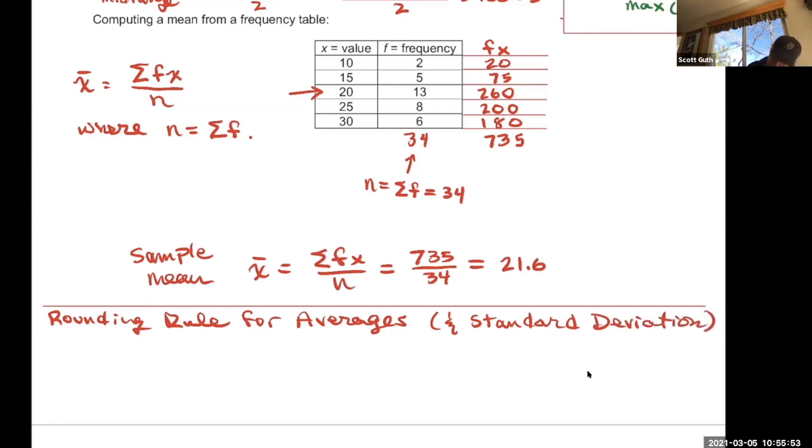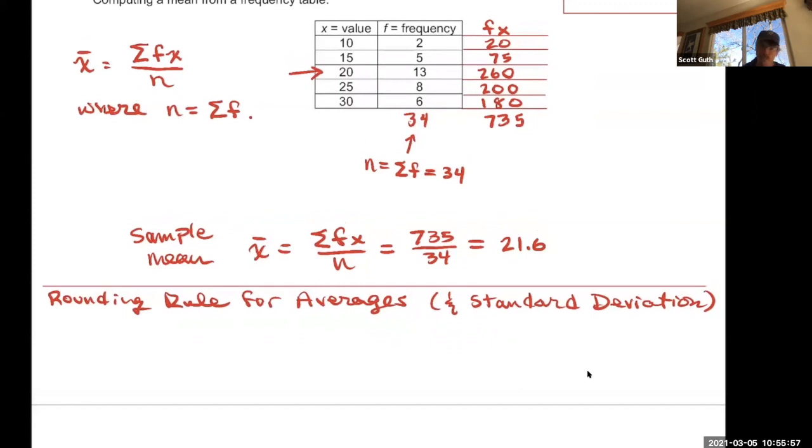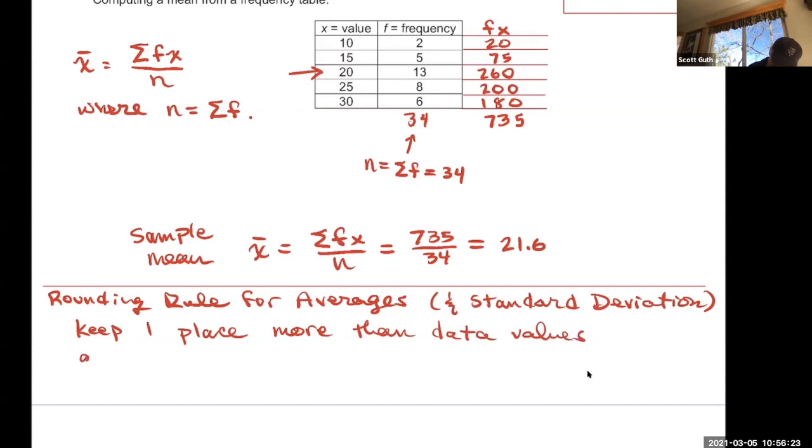Okay, I want you to keep one place after the decimal more than the data values. Maybe I should say keep one place more than the data values, after the decimal.